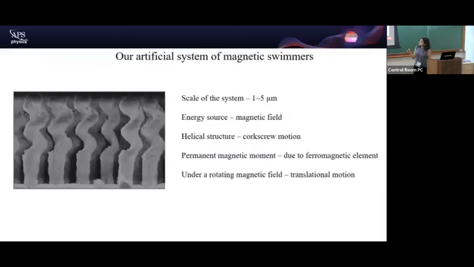So in our case, the system is of micron scale, and the energy input is coming from a magnetic field. These helical structures have a permanent magnetic moment. Because of the external magnetic field, they respond to the energy input, and then there is locomotion in the fluid.